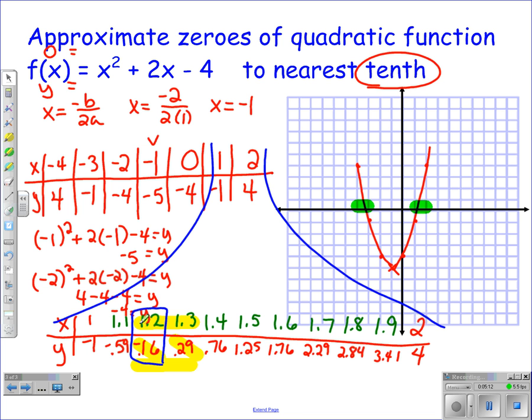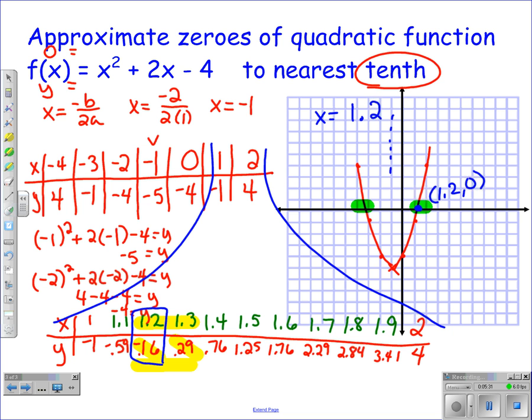So therefore we are going to choose 1.2 as our x. That's one of our x's. So we have 1.2 right here, 1.2 comma 0. And when you look at this, I went 0.2 of a unit to the right of 1.